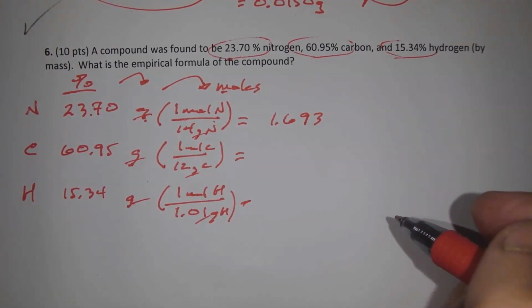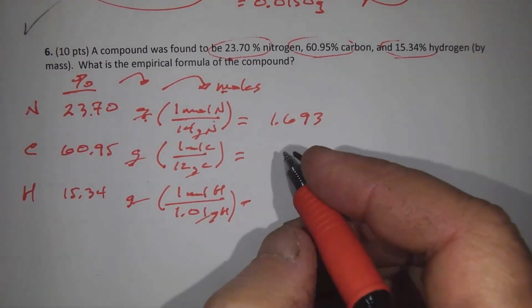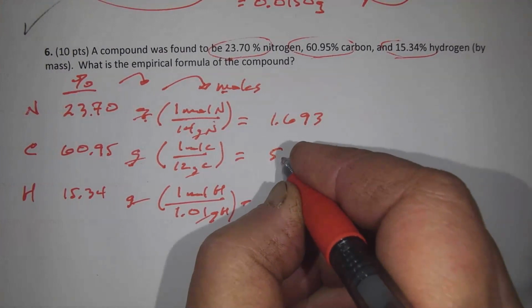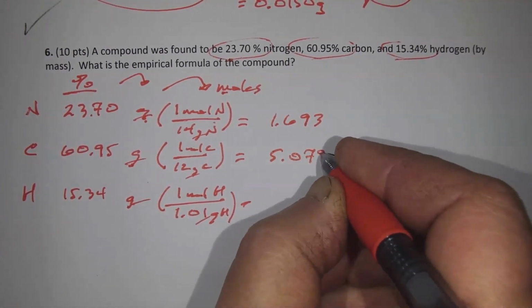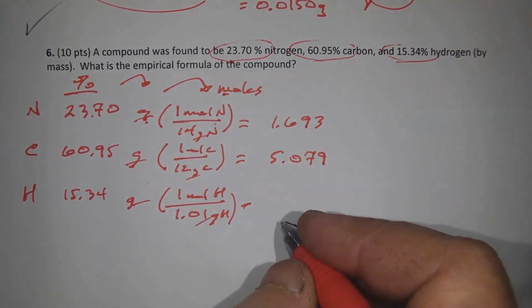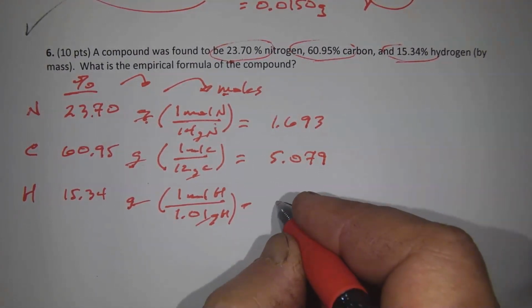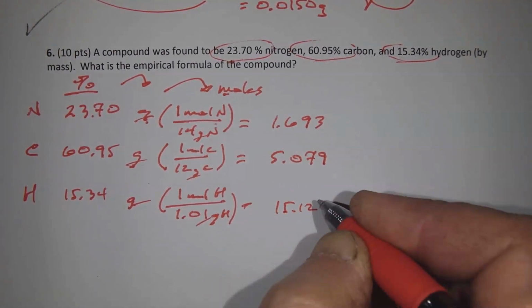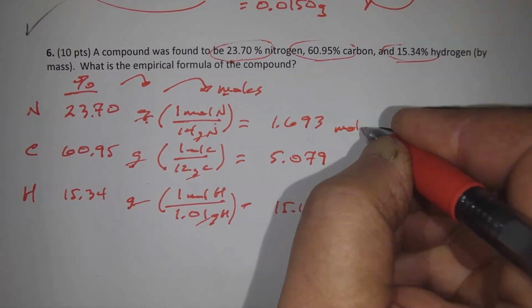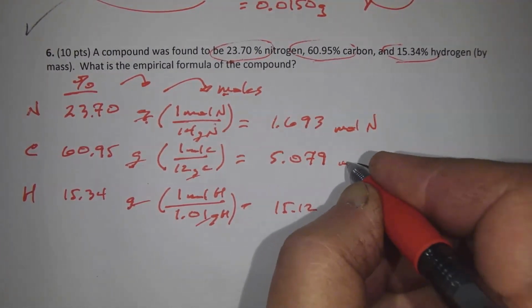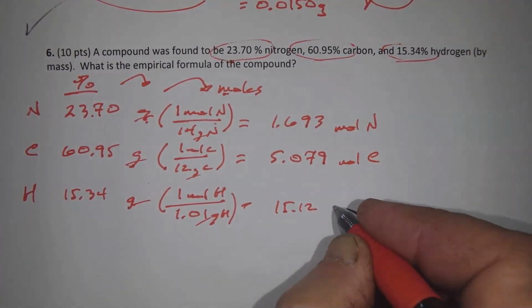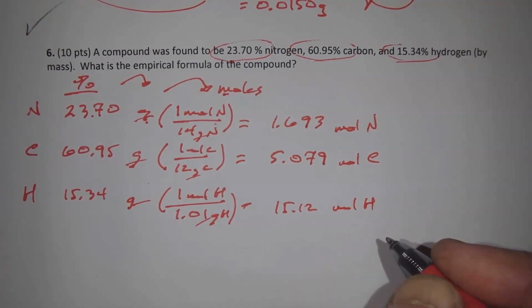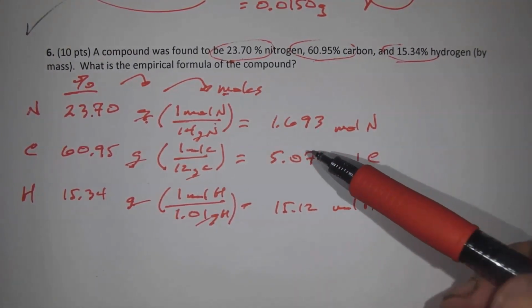All right, we do the same thing for the carbon, and I take my 60.95, divide that by 12, and I get 5.079. And for hydrogen, same thing, I divide by 1.01, I get 15.12. And recognize this is moles of nitrogen, this is moles of carbon, and this is moles of hydrogen.